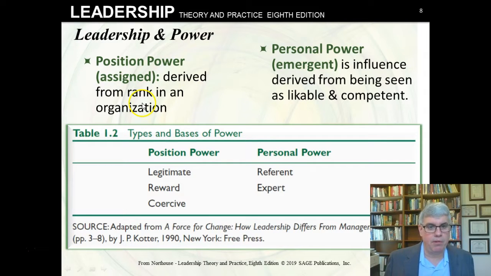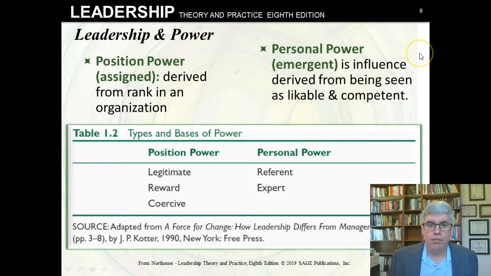That's derived from a rank in an organization, and typically position power includes legitimate power. That's the fact that everybody recognizes who the supervisor is. Reward power, the good things that the supervisor can do to an employee, or the coercive power, the bad things a supervisor can do to an employee to get the employee to do what he or she wants them to.